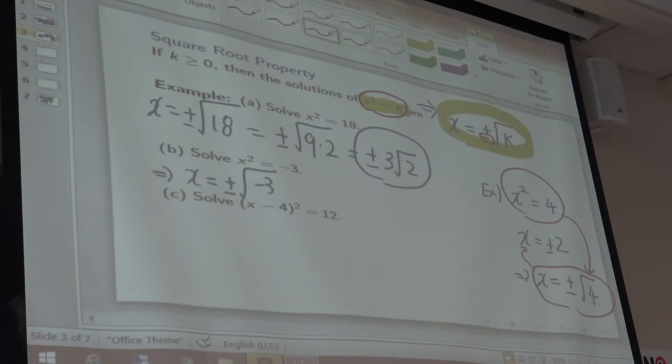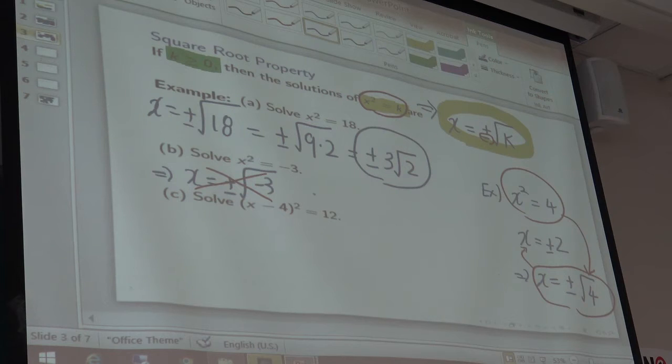What is the condition? Can't you have a negative radical? We said that k is non-negative. That implies when k is negative, we cannot use that. So this is not true at all.